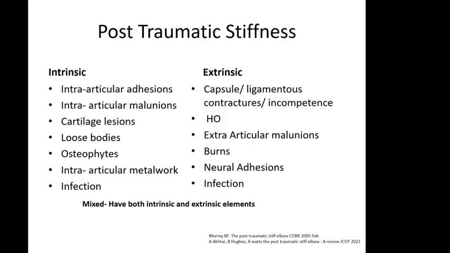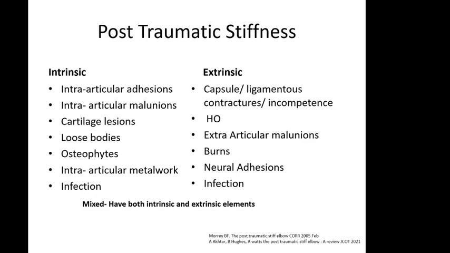The pathogenesis of post-traumatic elbow stiffness is multifactorial, and the etiology of a clinically stiff elbow is often a result of both intrinsic as well as extrinsic factors. Intrinsic causes range from articular incongruities from initial trauma to impinging osteophytes, loose bodies, and post-traumatic or post-surgical immobilization leading to intra-articular adhesions.